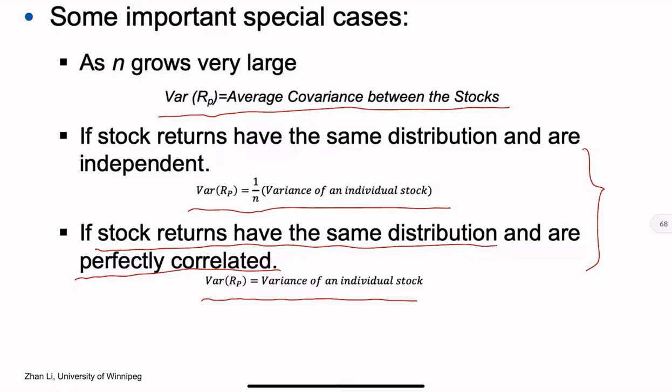That is, if insurance policies have the same distribution and they're perfectly correlated, then the variance of the portfolio of insurance policies is the same as the variance of a single insurance policy, right?